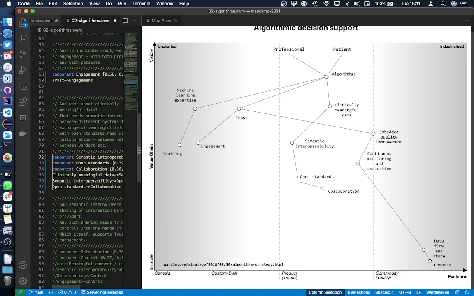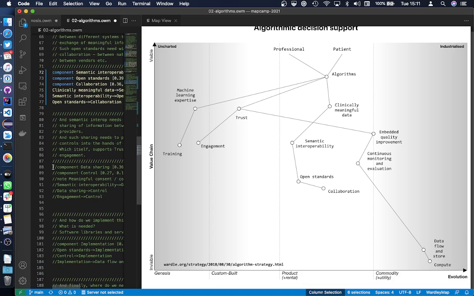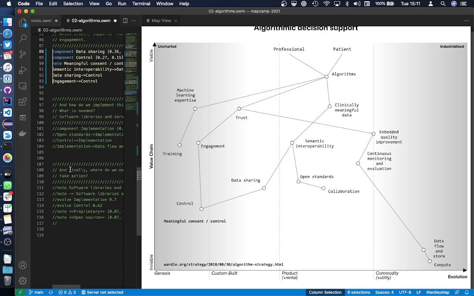And how do we build clinically meaningful data? Again, clinically meaningful data needs semantic interoperability, open standards, and that means us collaborating in a way that we do not do at the moment across nations' borders. And semantic interoperability and providing clinically meaningful data needs data sharing, engagement with our public, needs to give them meaningful consent and control over how they share data.